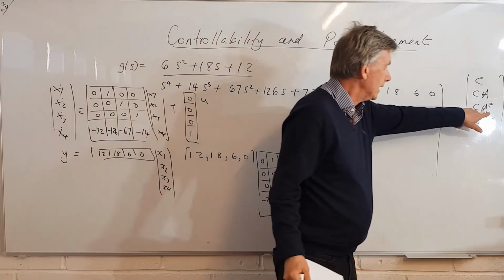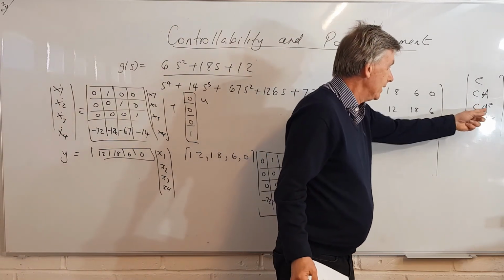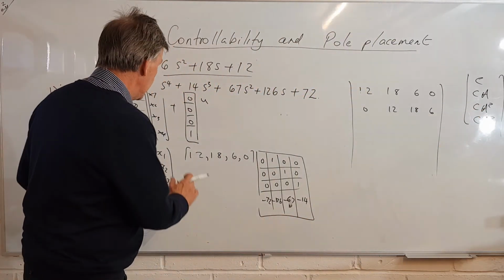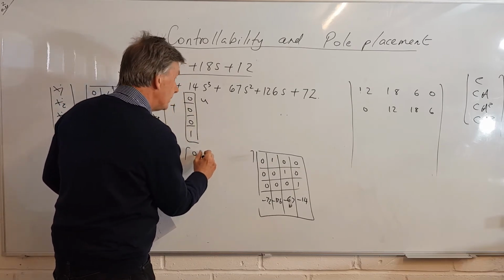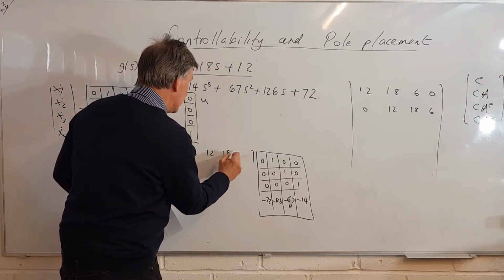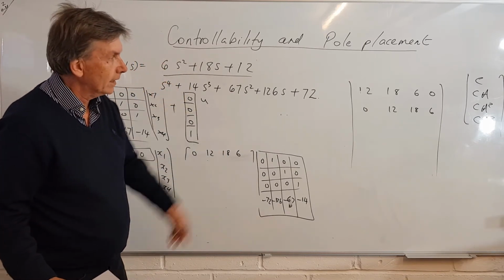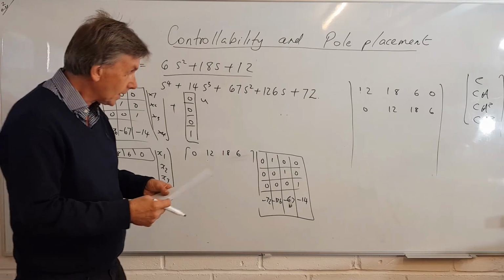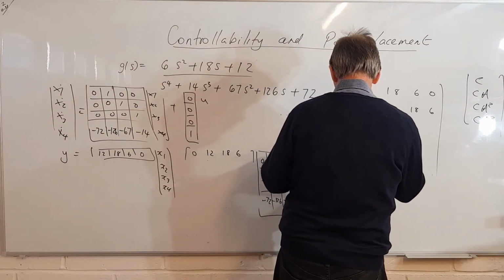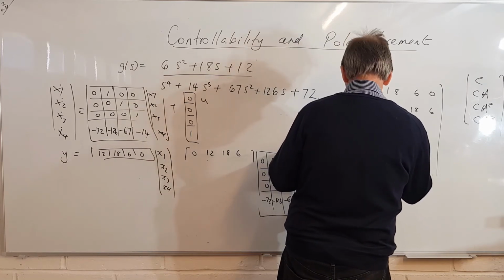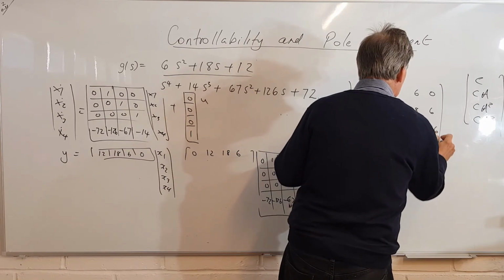To get CA squared, we multiply CA by A. So CA is 0, 12, 18, 6, and CA times A gives us CA squared. These are slightly bigger numbers: minus 432, minus 756, minus 390, and minus 66.